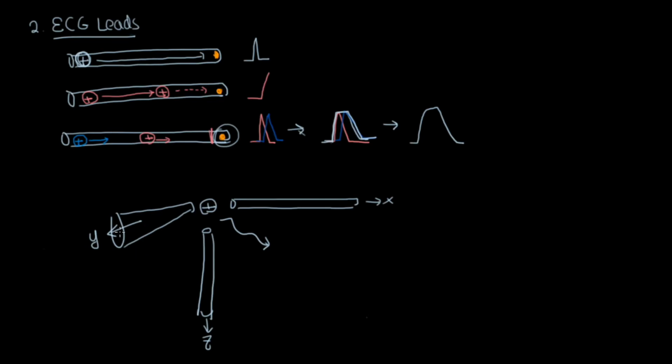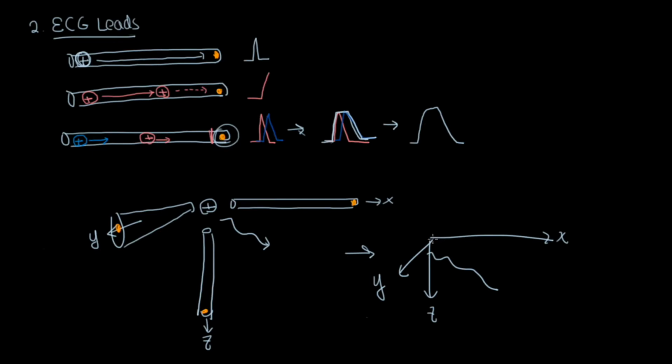Remember, each of these also has the sensor in it that's tracking the movement of this charge. Then the same way that you would track a point in three-dimensional space in x, z, and y coordinates, you'd be able to do the same thing with the charge.